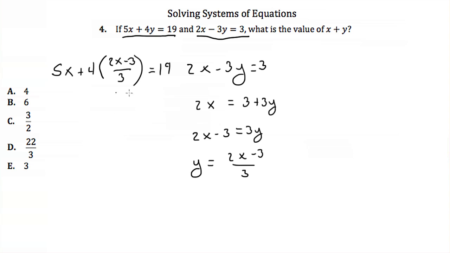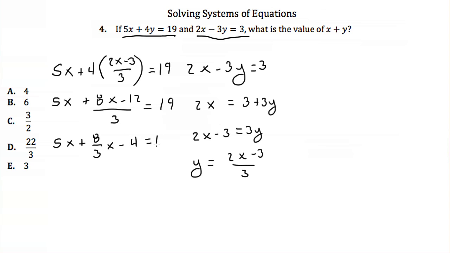Now we just have to simplify and solve for x. So we have a 5x, and if I multiply this 4 in, I have to distribute it across my numerator. So this is plus (8x minus 12) over 3, and that's equal to 19. If I distribute this 3 in the denominator, I'll have 5x plus 8/3 x minus 4 is equal to 19.